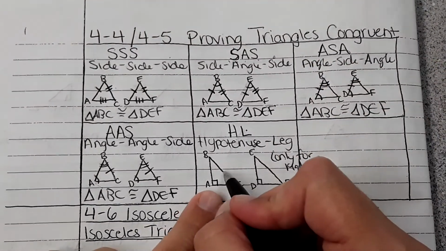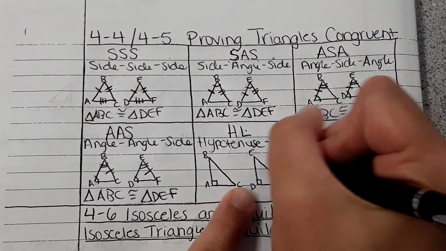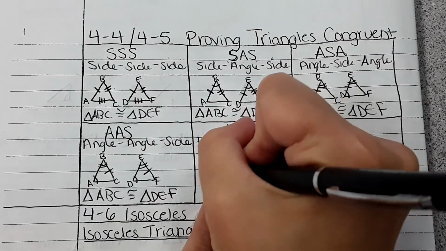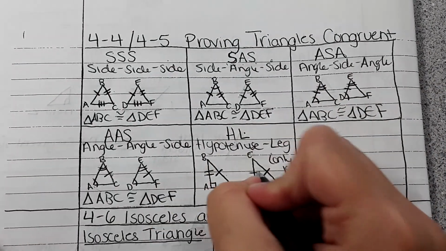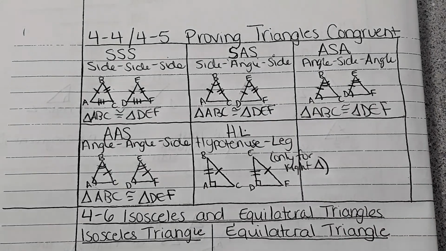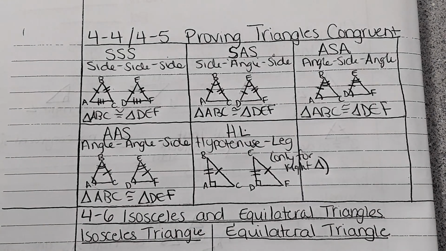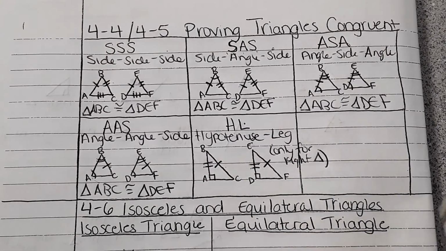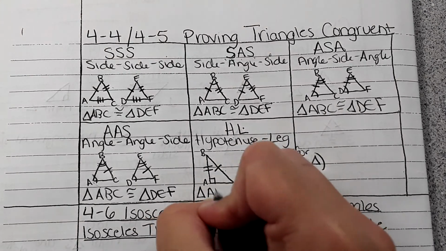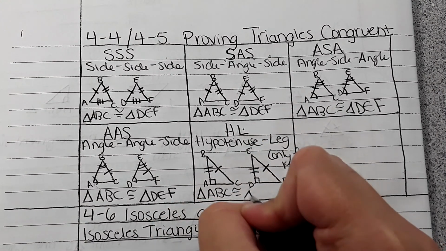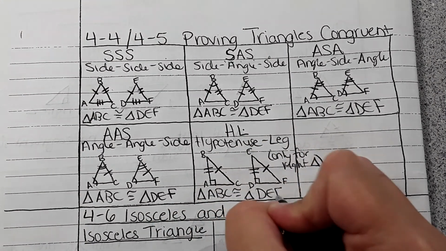The hypotenuse is the longer side, opposite the 90-degree angle. So we'll mark that the hypotenuses are congruent, and then one of the legs are congruent. If you have a hypotenuse and a leg that's congruent, you can say that those two triangles are congruent. So triangle ABC is congruent to triangle DEF.